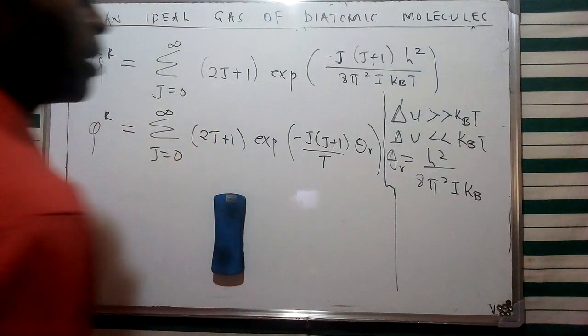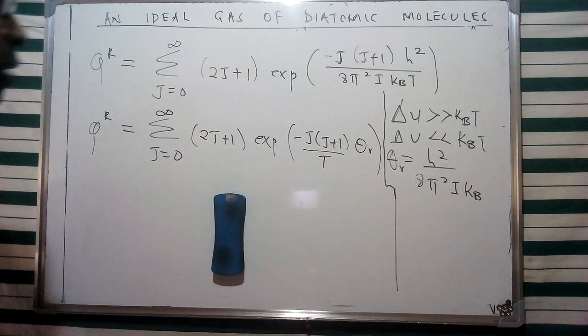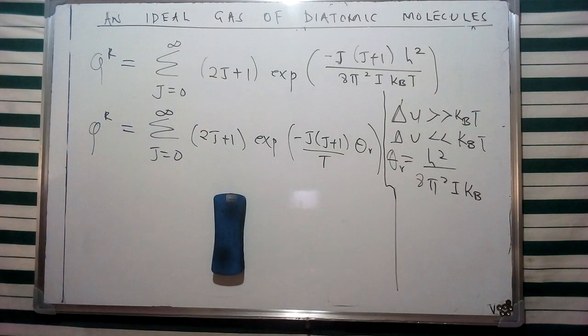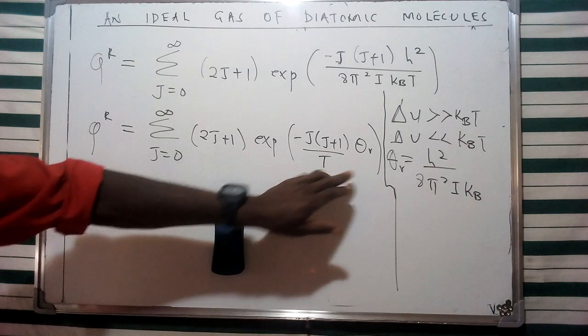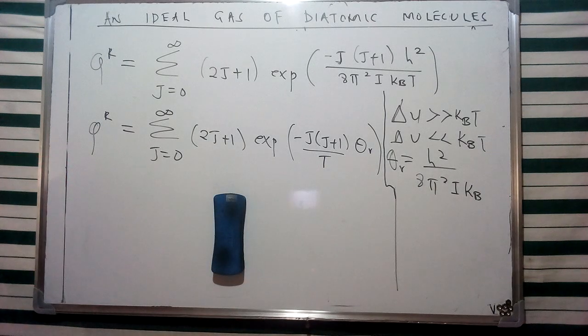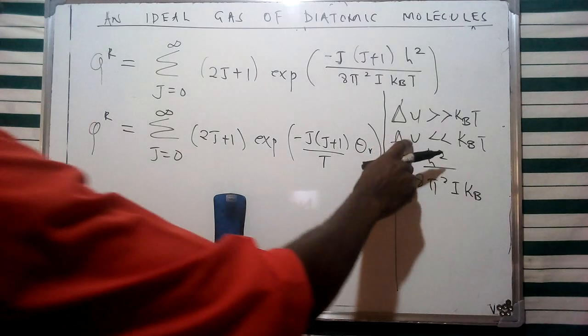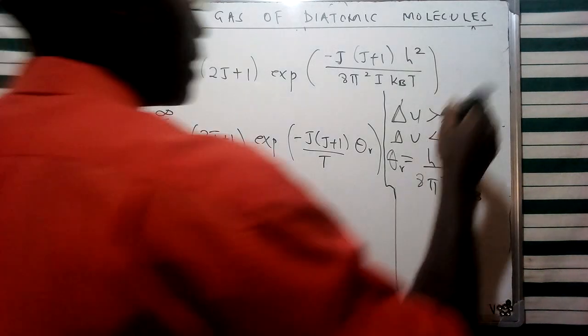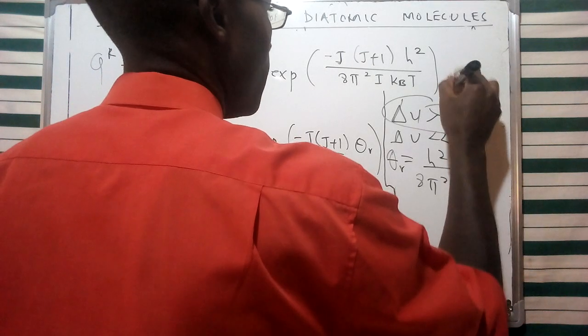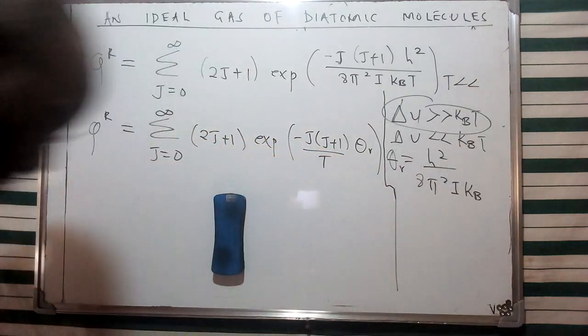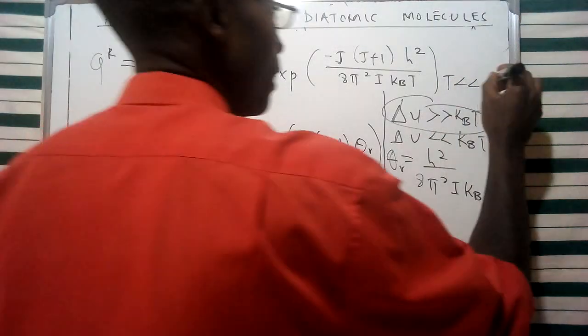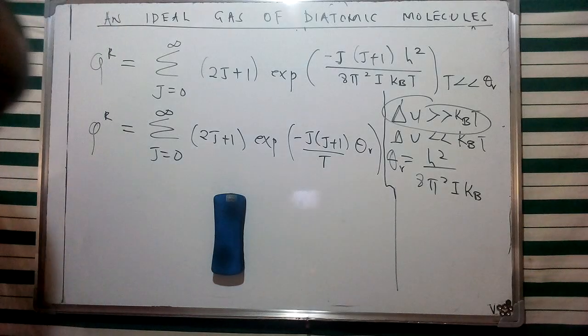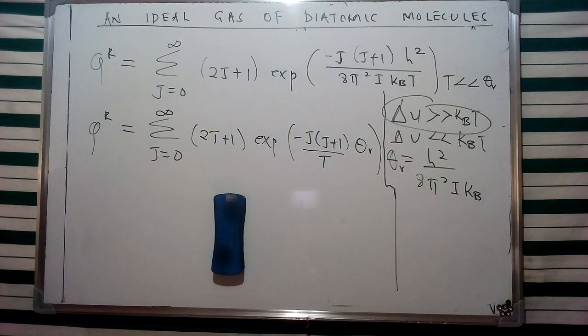Now in these two states we're also going to consider the concept of the normal temperature on the Kelvin scale with respect to the rotational temperature. In the first case, if the energy is much greater, then that implies that T is much smaller than the rotational temperature, and as I said, that is going to give us a quantized behavior.